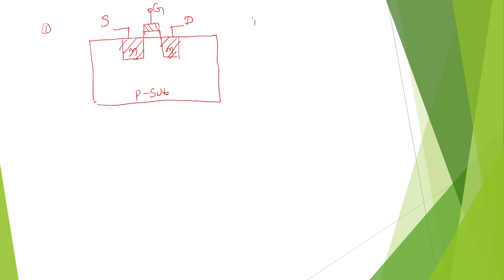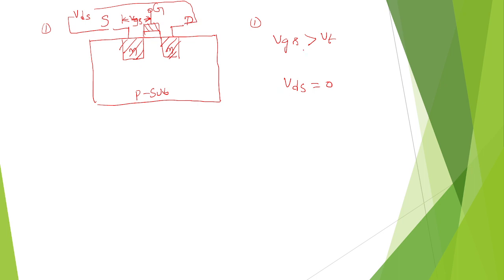There are three conditions. One is when VGS is greater than V threshold and there is no VDS, you are not applying VDS, it is 0. The voltage between gate and source is called VGS, and VDS means from here to here, the voltage between drain and source.